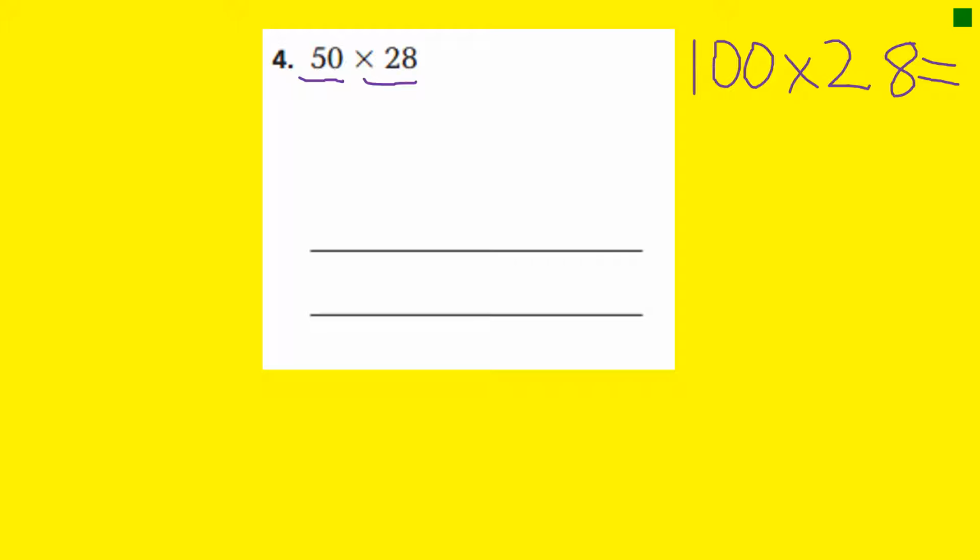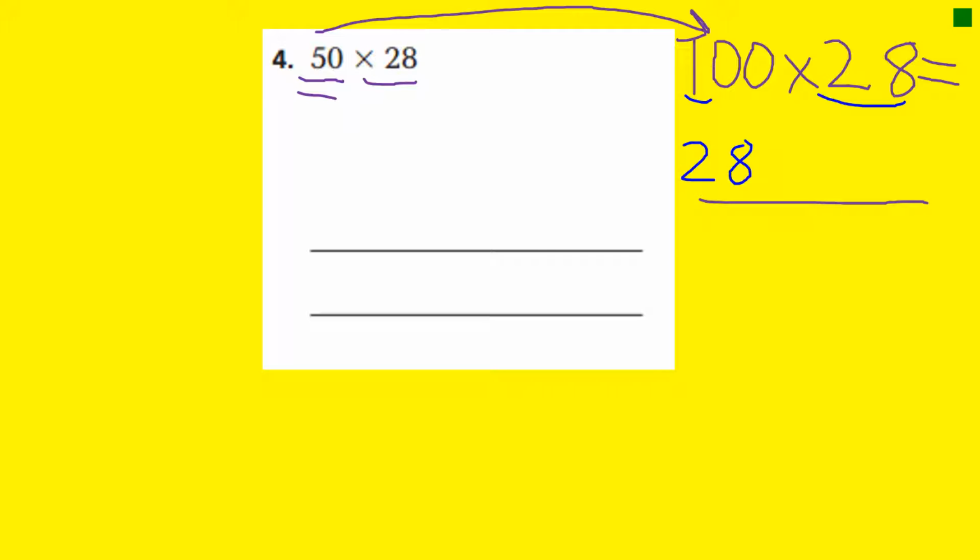And then I take half of that product because 50 is half of 100. Let's see how that works out. 100 times 28, you know about that. 1 times 28 is 28, and then the two zeros. Okay? 100 times 28 is 2,800.